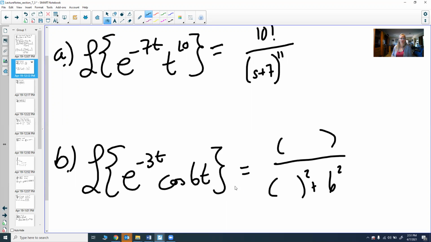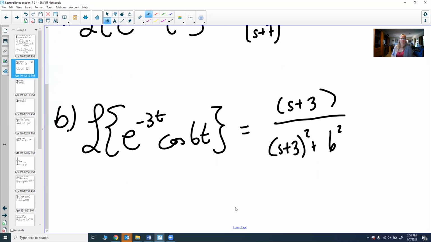In this case, instead of just s, because of this translation, we're going to use s minus whatever the a is in the e. It is e to the at, so since there's a minus 3, it's s minus a negative 3, which is s plus 3. This one also would be s minus a negative 3, so it would be s plus 3. So we end up with s plus 3 over s plus 3 squared plus 36.